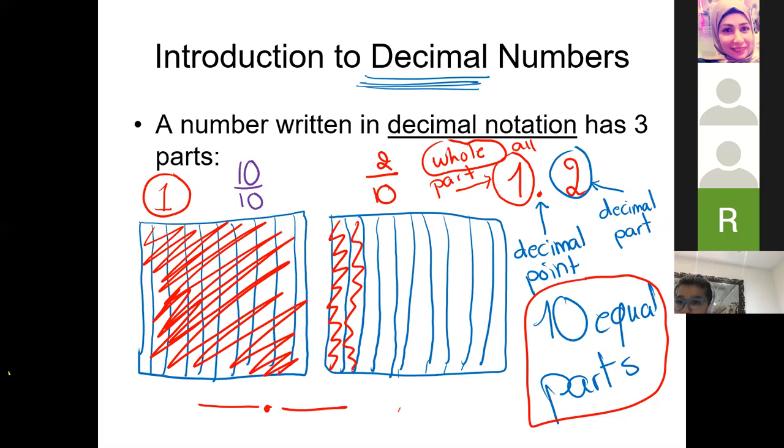In order to write now, the decimal number is composed of 2 parts. We said a whole part and a decimal part. What do I mean by whole part? We said that whole comes from the word all. So whole part means how many squares are full colored? Do we have here 2 full squares, 2 colored squares? Both of them are full colored? All of the parts, no. So here we have one.